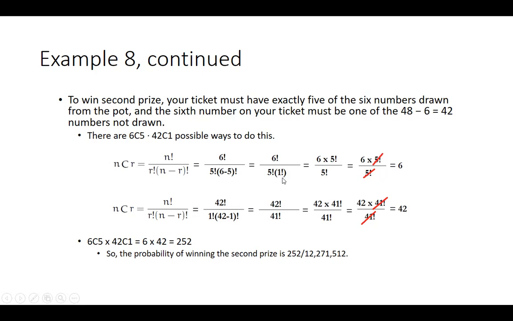And since 1 factorial is just 1, 5 factorial times 1 is 5 factorial. We can write out 6 factorial as far as we need, and that's just 6 times 5 factorial, because the 5 factorial is going to cancel, and that just leaves us with 6. So 6 choose 5 is just 6.